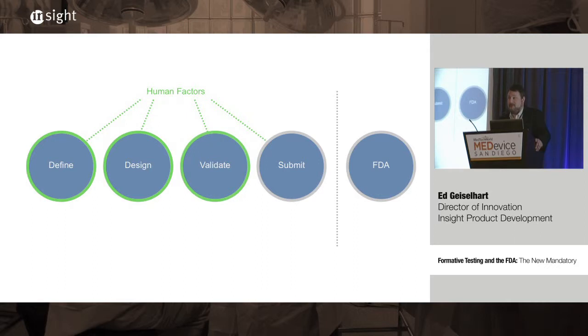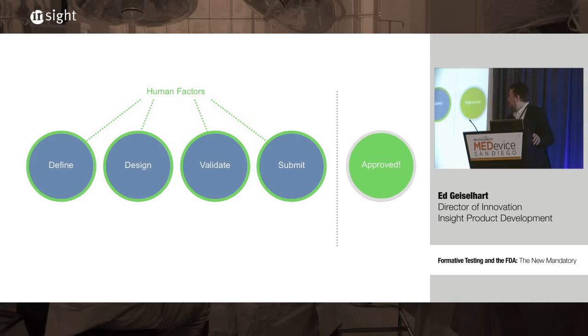It's something that happens throughout the entire process, from the very beginning, when you're defining what a device is, what it's intended to be used for, who its intended users are, all the way through the design and validation and submittal stages. So thinking of it as a process is perhaps the first step toward really truly accounting for usability in your medical device development.